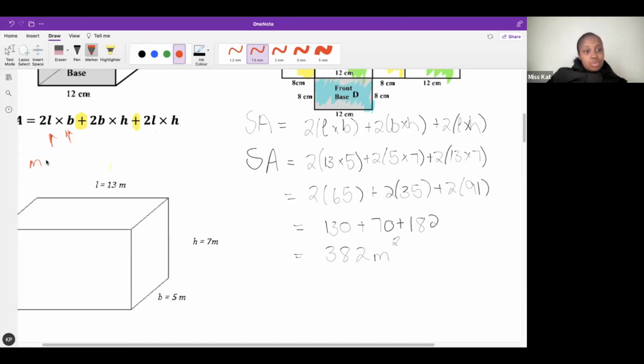So that would be meters times meters, plus another meters times meters, plus another meters times meters. Meter times meter is meter squared. So remember, 2 dimensions, meters squared. In volume, we're going to multiply 3 dimensions, and that's where the meter cubed is going to come from.